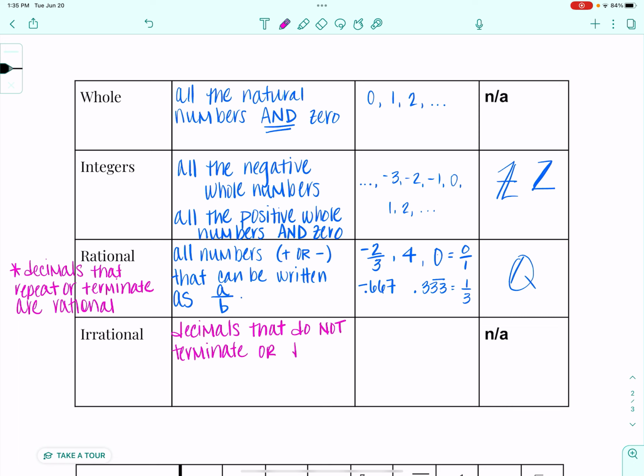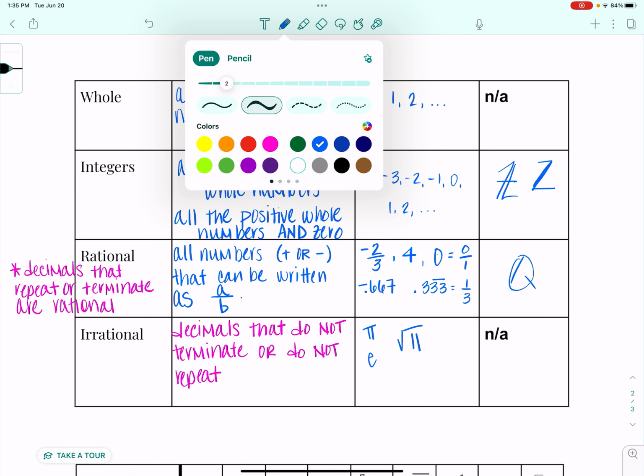Or do not repeat. So our examples for those were like pi, or e, or square root of 11, which is interesting. It is to me, not necessarily to you.